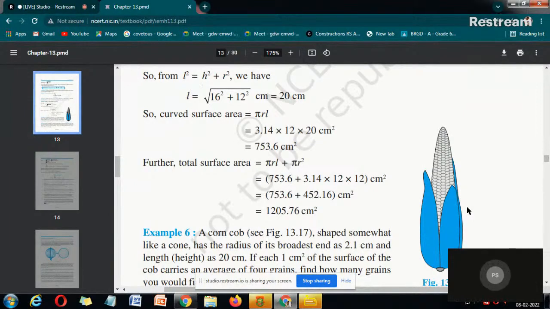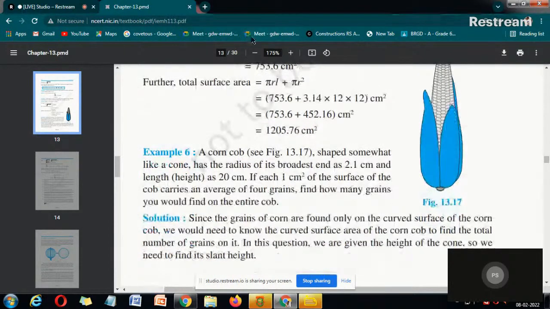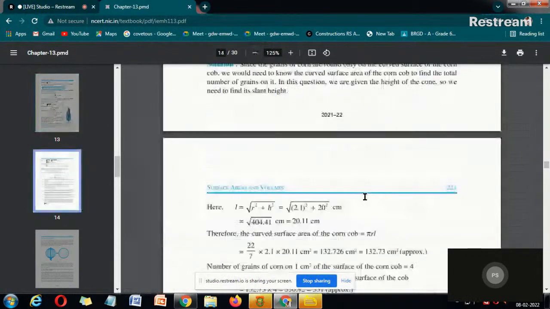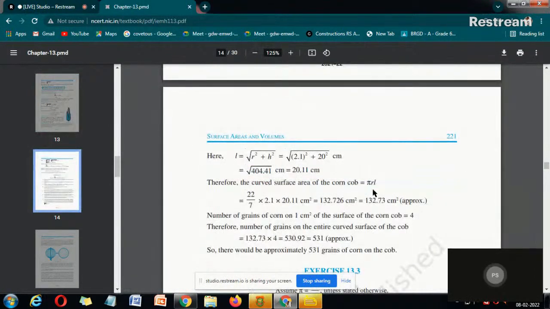So here we are observing the same. The grains are only covering the sides, not the top and bottom. So what we will take? Curved surface area. CSA is pi r l. Pi is 22 by 7, r is 2.1 into 20.11 centimeter. Then you get the answer as 132.73 centimeter square.